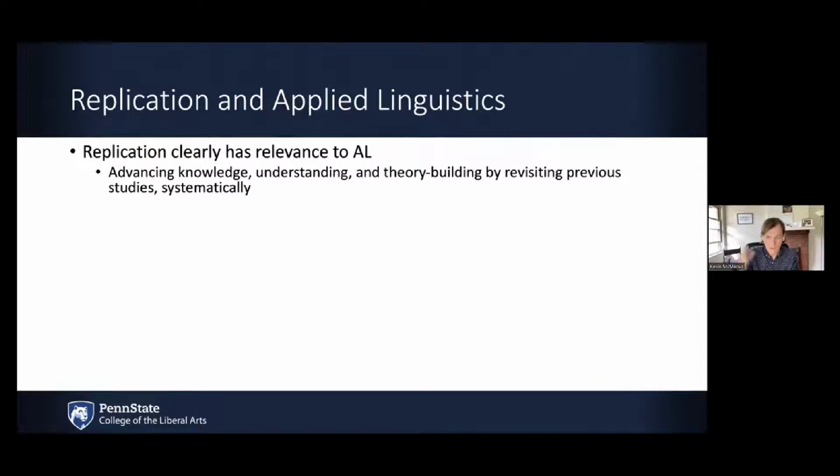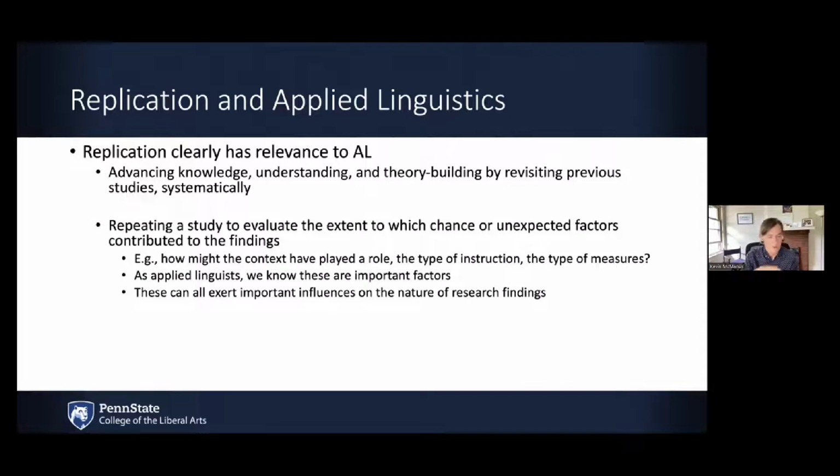And we do that by revisiting previous studies in a systematic way. For example, repeating a study to evaluate the extent to which chance or unexpected factors may have contributed to the nature of that study's conclusions. This is clearly very important to what we do as applied linguists.